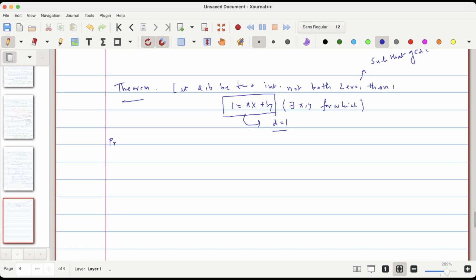Proof: there are some things you need to do on your own. And there is also a corollary. A corollary means it follows directly from the theorem. Let A, B be integers, not both 0.